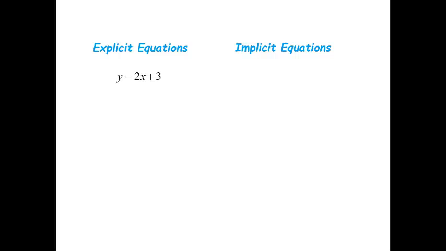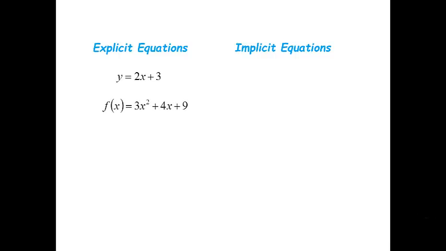So we can have a nice little function here. We can plug in a number for x and get a y out. So this would be like f of x is equal to 2x plus 3, and we know that this is an equation of a line in its most simplest form, slope-intercept form, right?